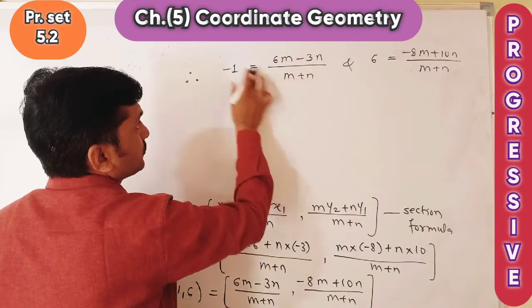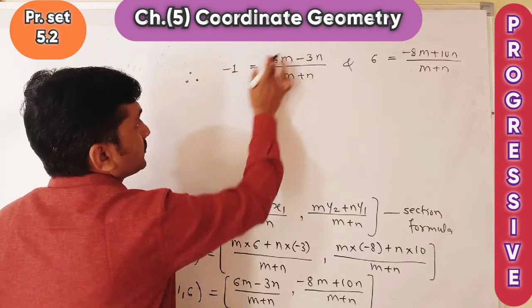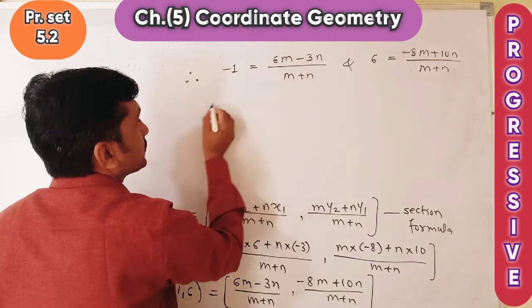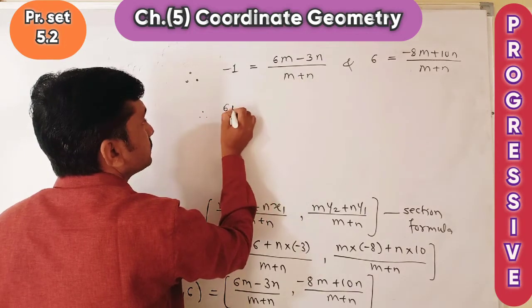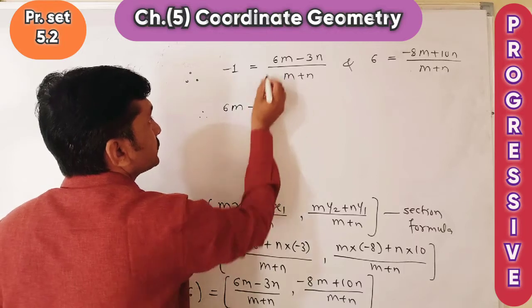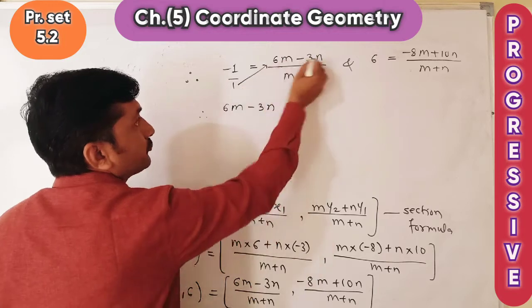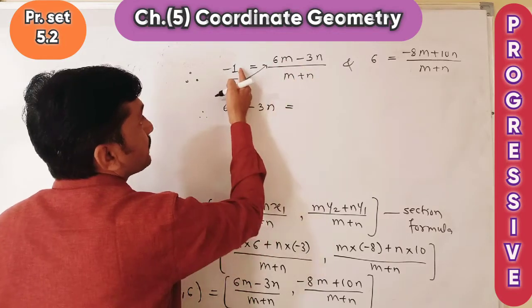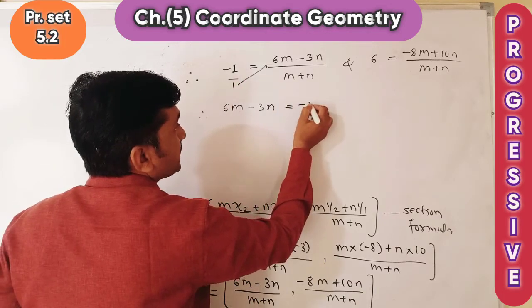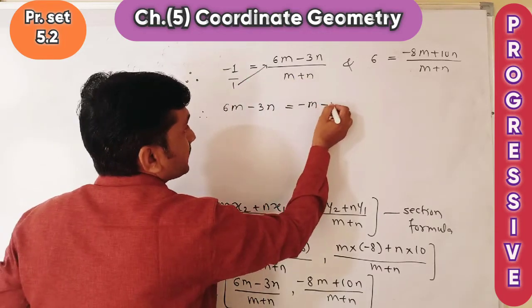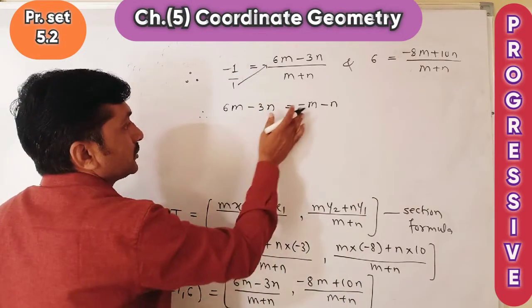I solve this one now. Cross multiplication: -1 into this, upon 1 is here. Therefore now see here, 6m minus 3n cross multiply, here is upon 1 into this, 7 is equal to... and -1 into this, the sign will change, it will become -m - n, because of this minus 1.